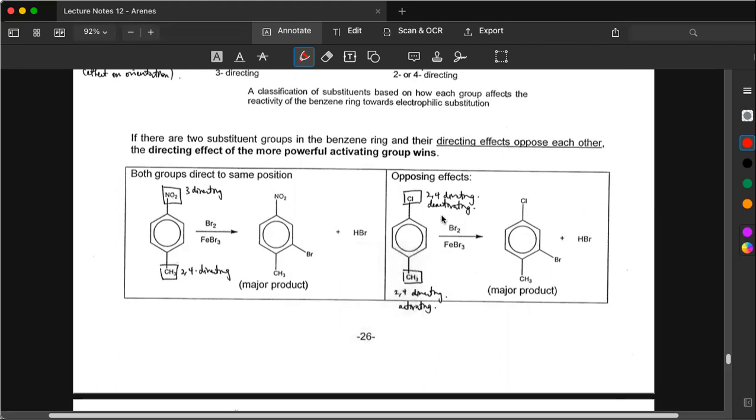But what if they oppose, like one is CH3 and one is Cl? Then the one that is stronger will be the CH3, because this is 3 from this perspective, but here is 2 from this.